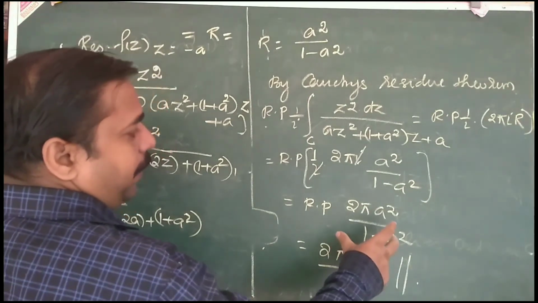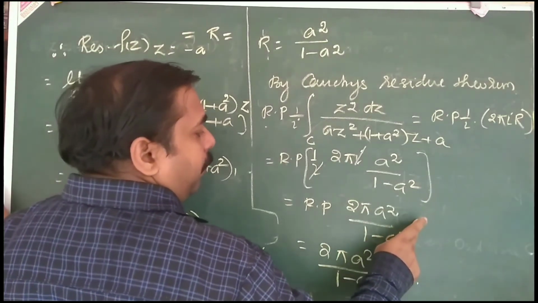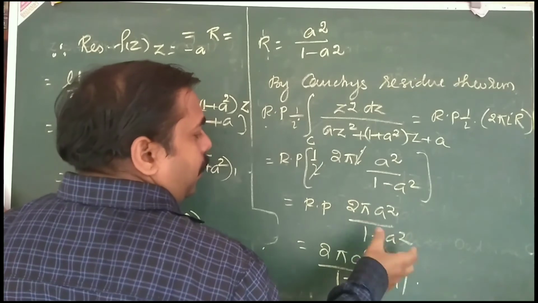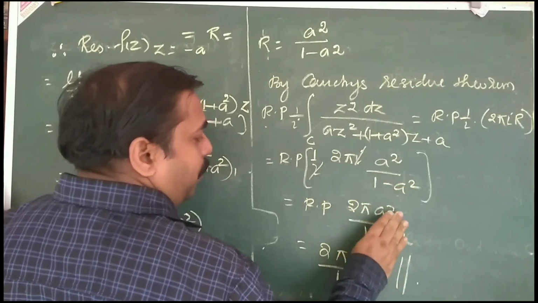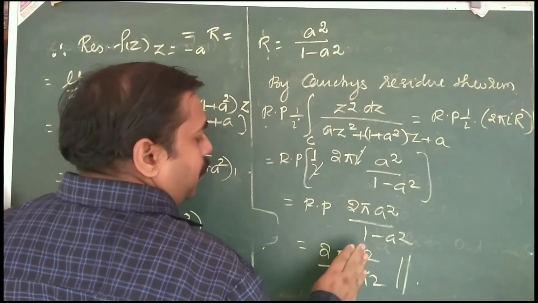Since this term contains no imaginary term, that means there is no I term, so this is the real part. So real part of this is equal to the same, 2 pi a square by 1 minus a square. So that is our answer.